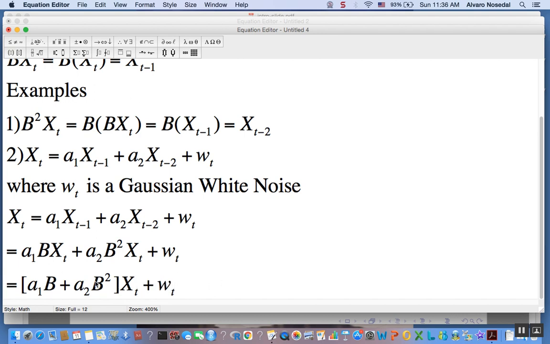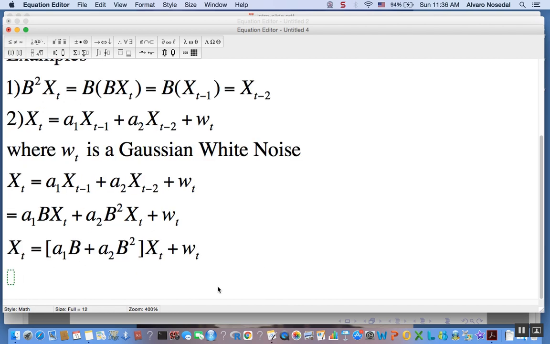Make sense? So xt is a common factor, so we just factor it out, and then instead of having a sub 1 B xt plus a sub 2 B squared xt, we have this term inside those square brackets. Now let me write the xt down on the left hand side. And now how about we place all the x's on one side, on the left hand side, and leave the Gaussian white noise on the right hand side.